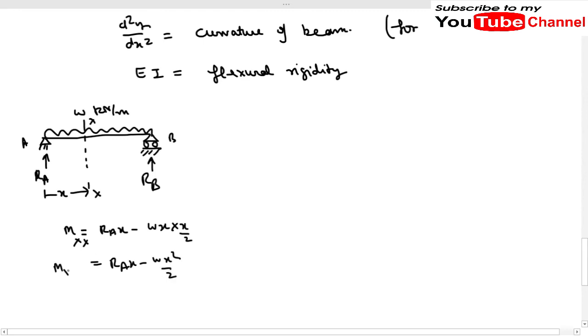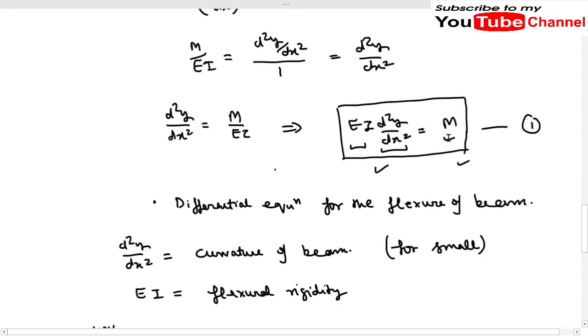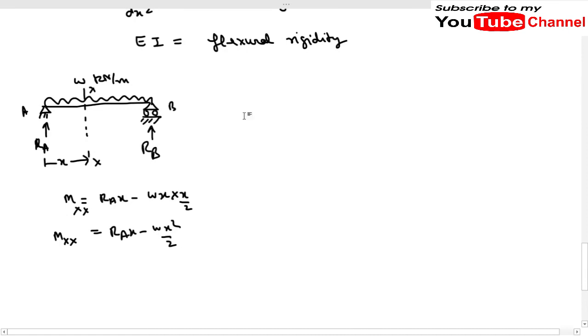So this is the bending moment at this section. Now from the first equation, I will write EI d2y over dx square is equal to RA x minus W x square by 2, because this equation was equal to M.